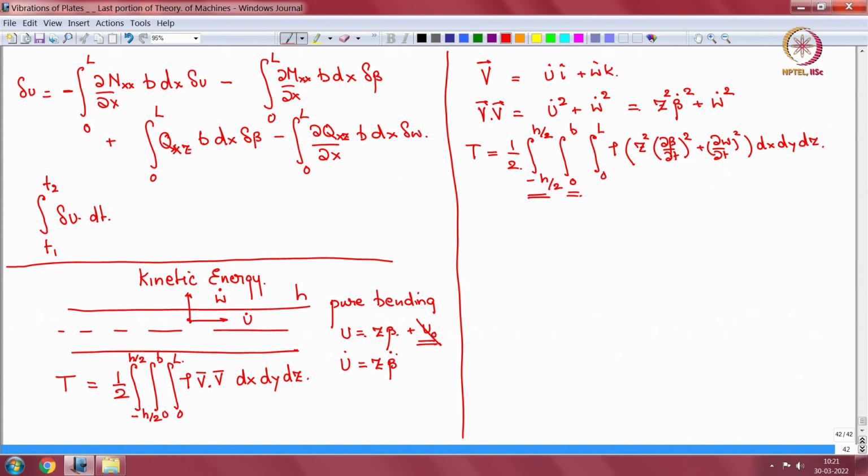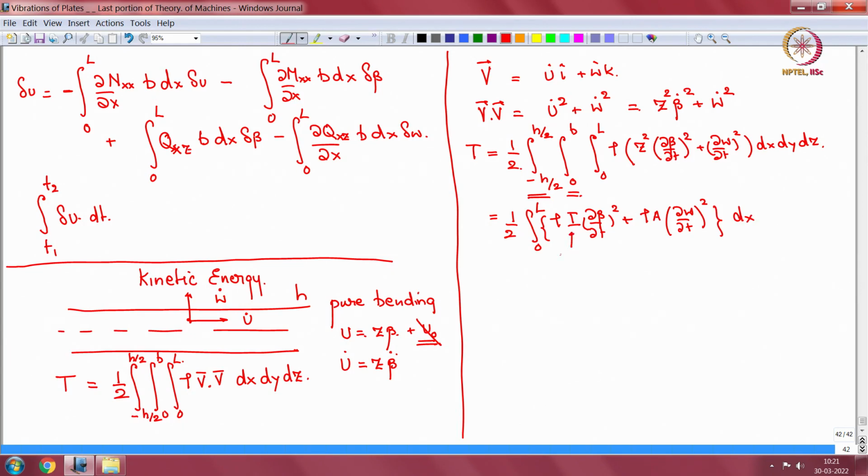What that gives me is integral 0 to L, rho I del beta by del t whole squared plus rho A del w by del t whole squared, dx.